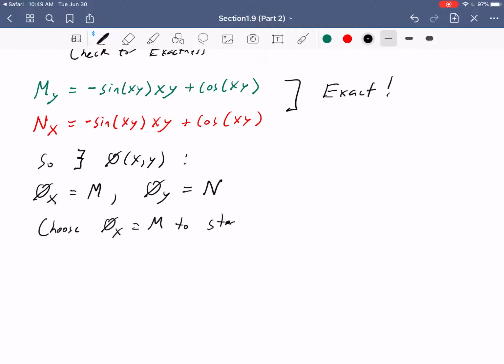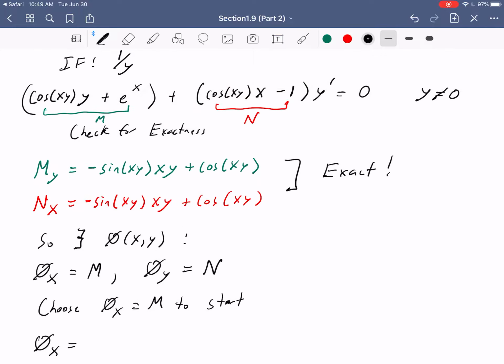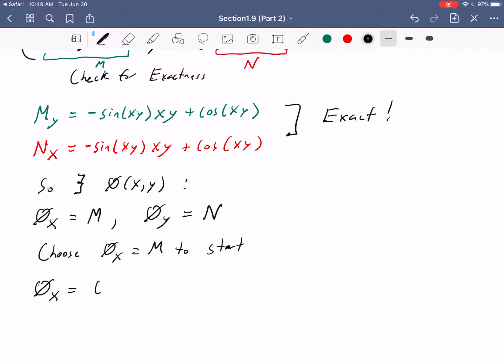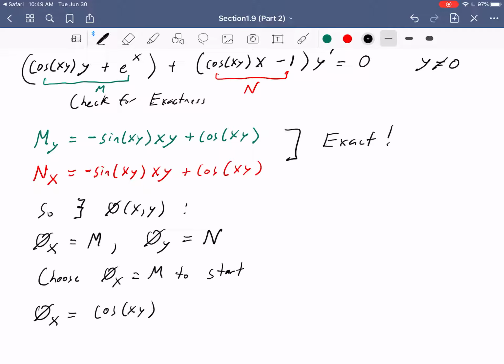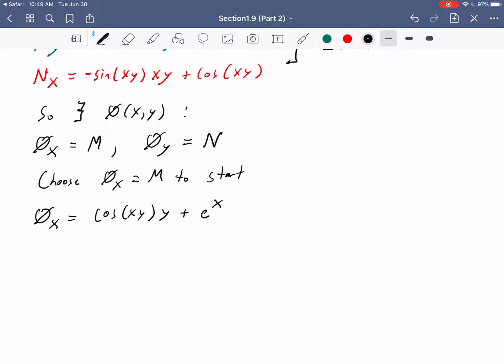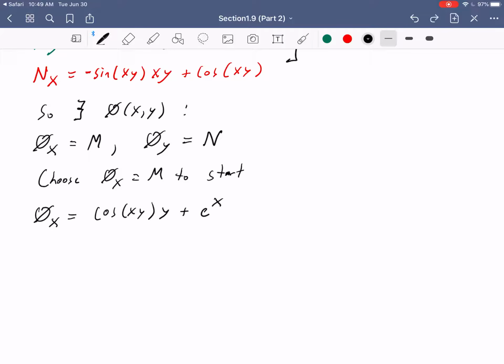So that tells us that phi sub x is supposed to be equal to this M that we have right here, which is cosine xy times y plus e to the x. So to begin solving for phi, we can integrate this with respect to x.